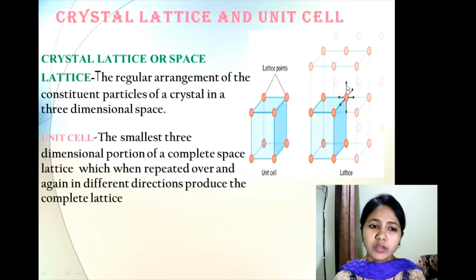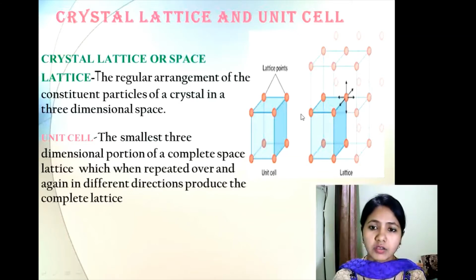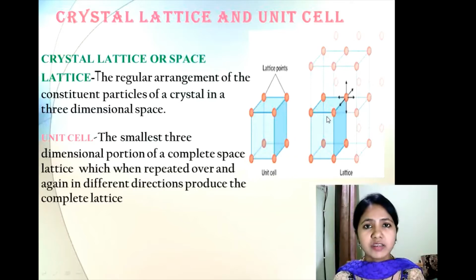The second one is the unit cell. Now what is this unit cell? You can see in this picture, the smallest portion of the crystal lattice is called the unit cell. When this small portion repeats itself again and again, it makes the entire crystal lattice, giving a definite geometry.